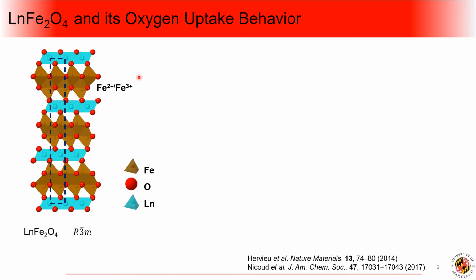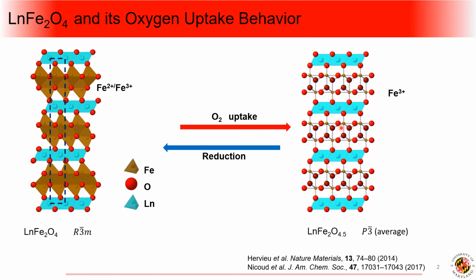In this bilayer system, half the irons are in the 2+ state, the other half are in the 3+ state. For this type of material, it was found it can uptake some oxygen into its lattice, and then all the iron 2+ will be oxidized into iron 3+.